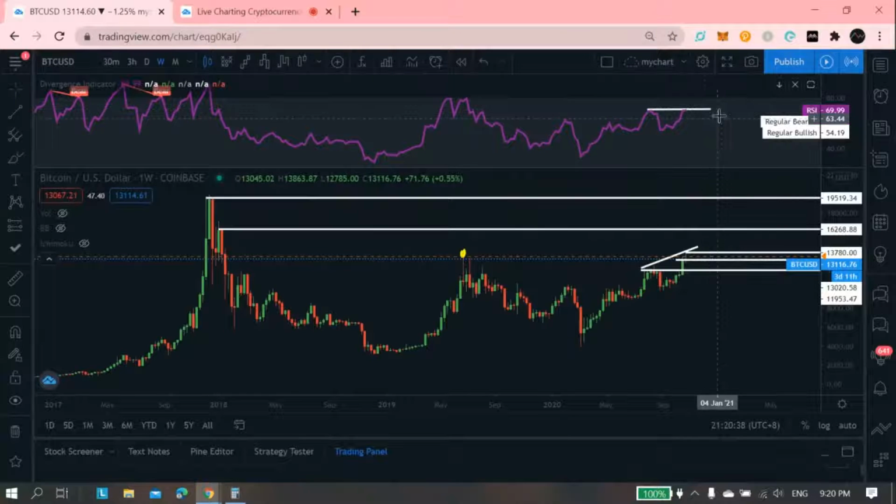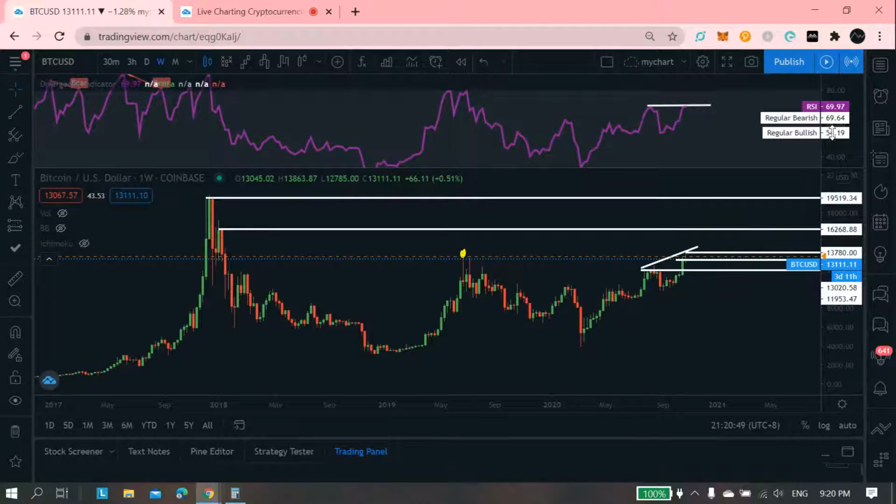So possibly there is a higher chance that this might go down. However, if it breaks this level, the next possible resistance is around 80.